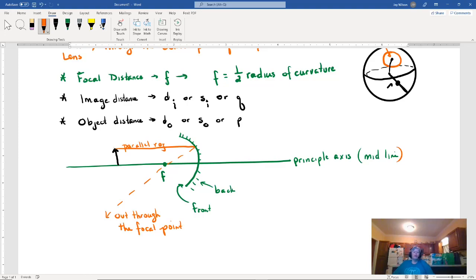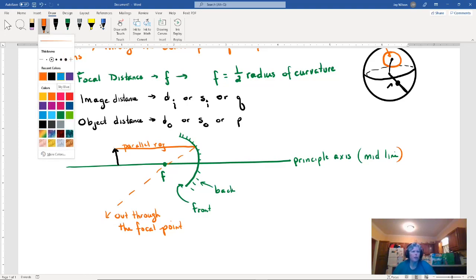That's our first major ray. Then we're going to draw the second ray, and where the two outgoing rays cross is where our image is going to form, because the light coming off the mirror is what we see. We don't see the light going into the mirror, we see the light bouncing off the mirror. So we have to see where the light goes to see the image.